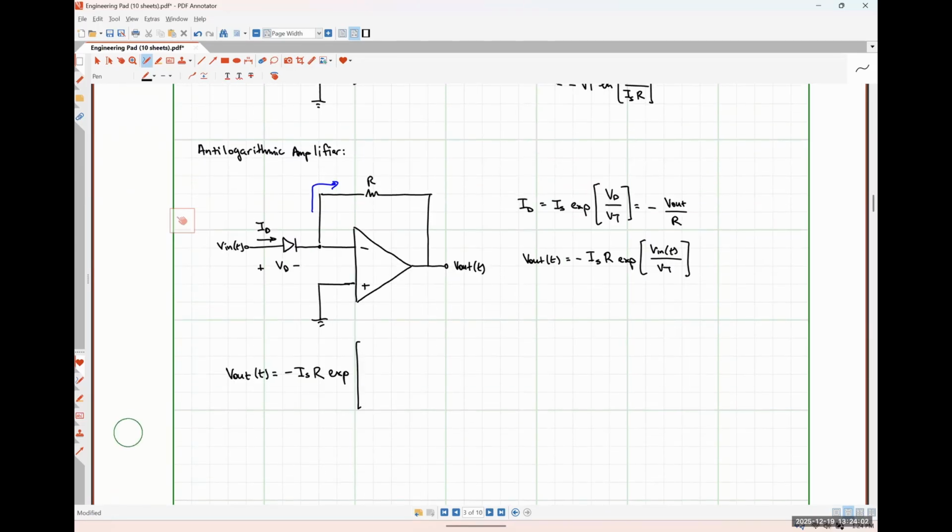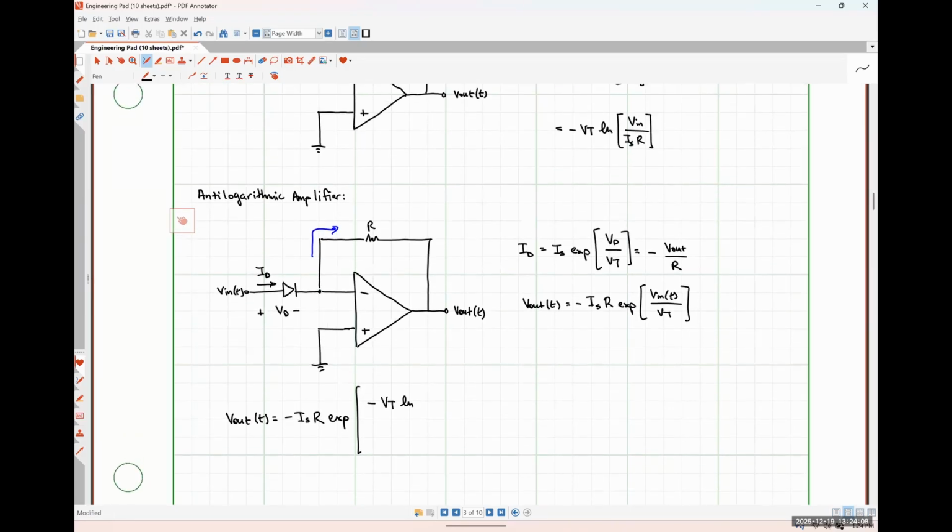So I'm going to put negative Vt times the natural log of Vn over Is times R. All of that will be over Vt.